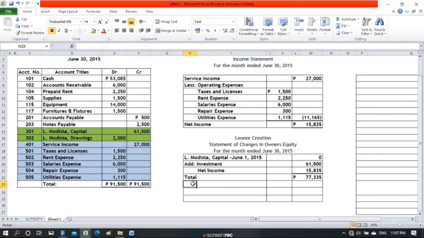After getting the total, next is the deduction section or the item that we're going to less. So the only items to be less in the statement of changes in owner's equity are the drawings and net loss. So since tayo ay net income, net income is under the addition section. So the only less natin dito is the El Modista drawings.